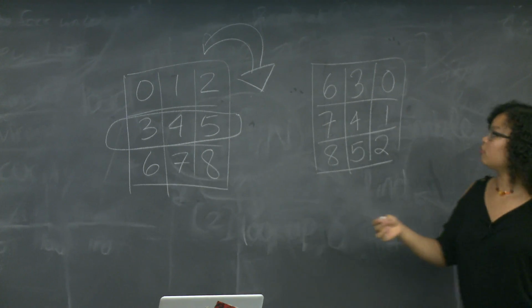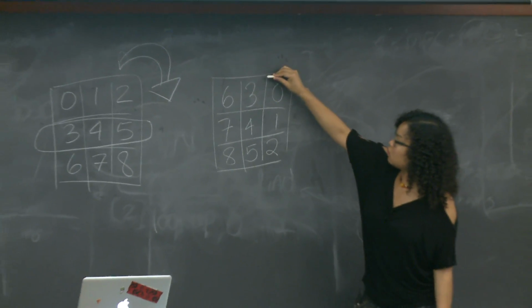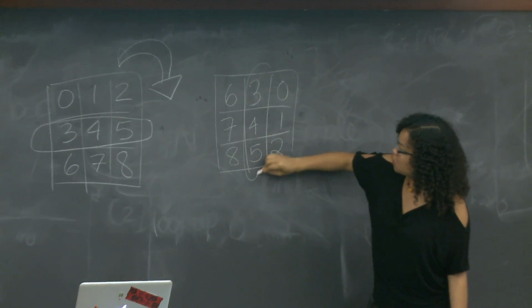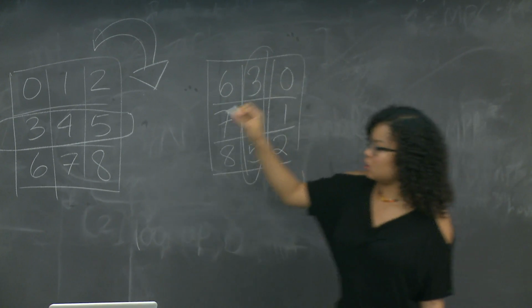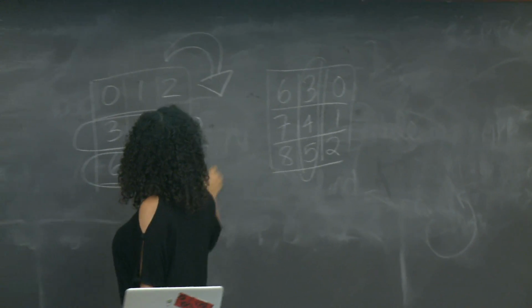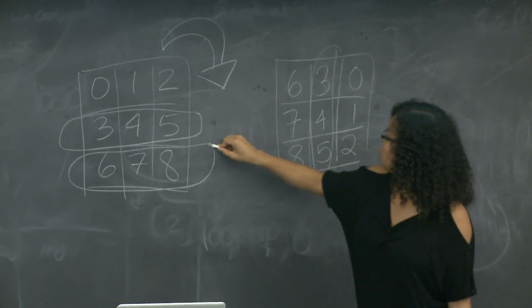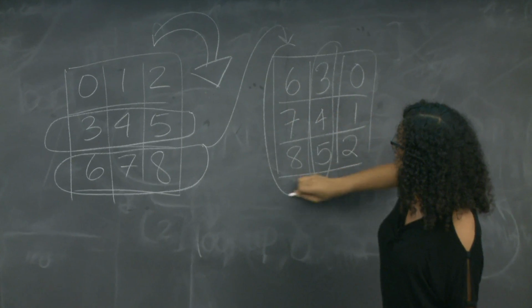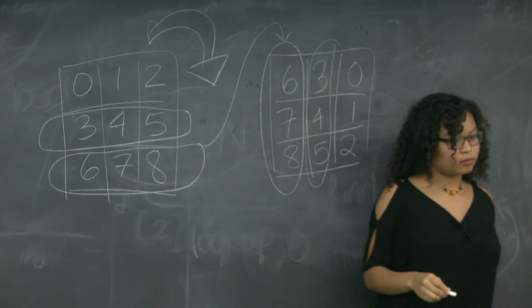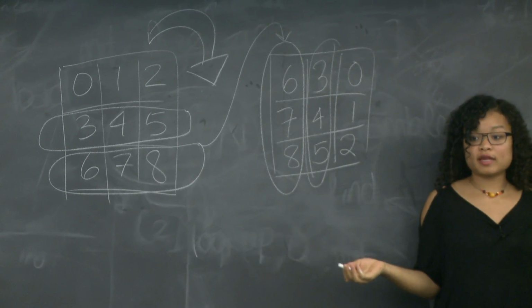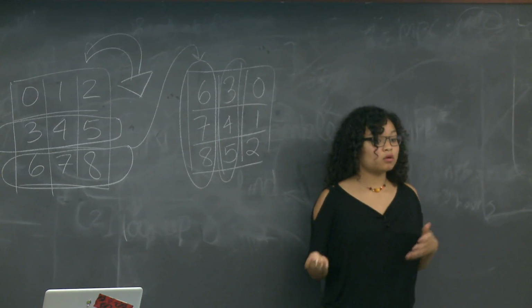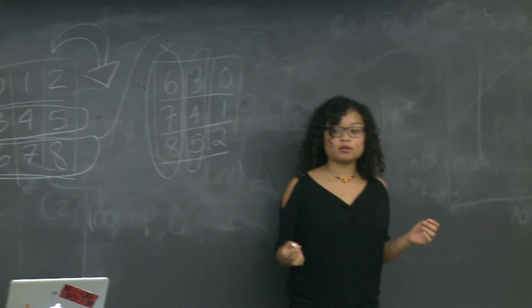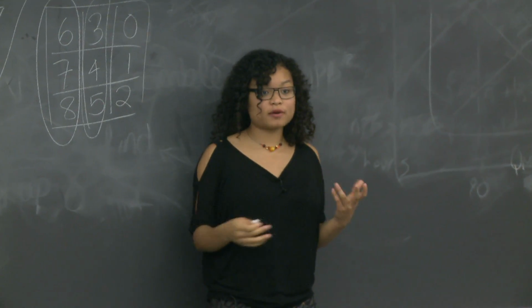Where else do I see 3, 4, 5? Well, I see it here. Similarly, I see 6, 7, 8 as a row, but it's actually a column here. So that's the pattern that I see right now. There are probably a few other ones. So based on that, try to think of some kind of pattern.